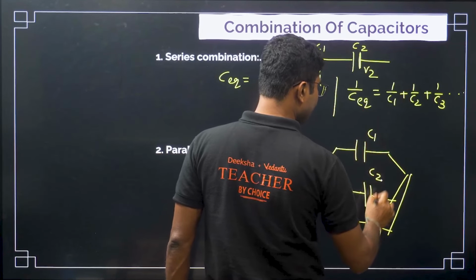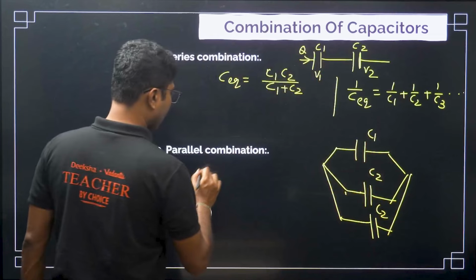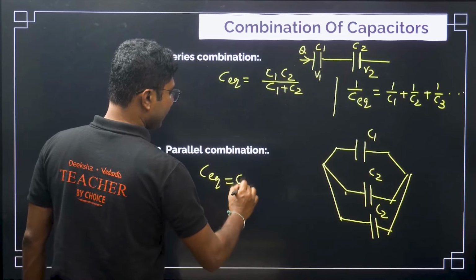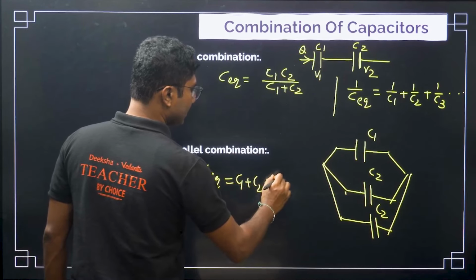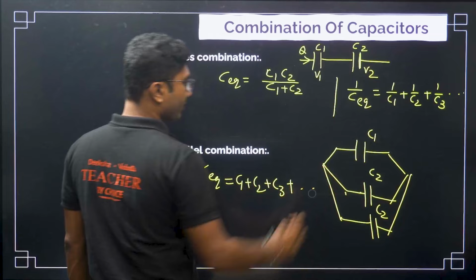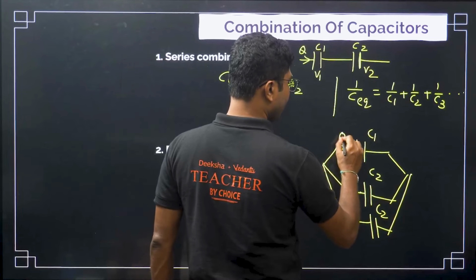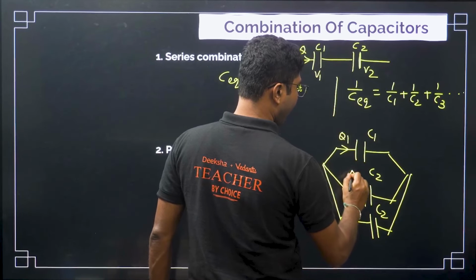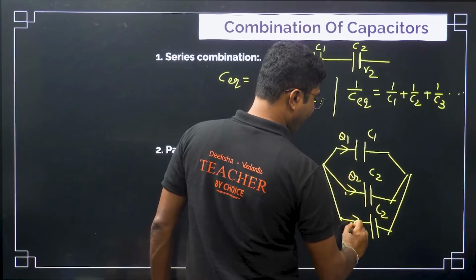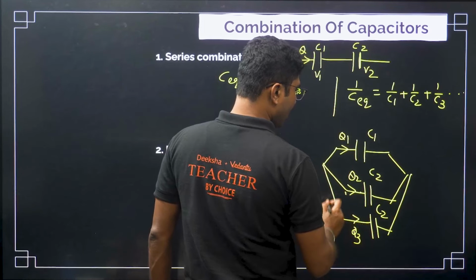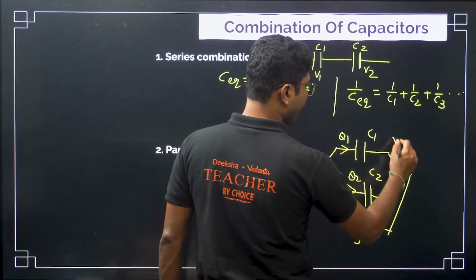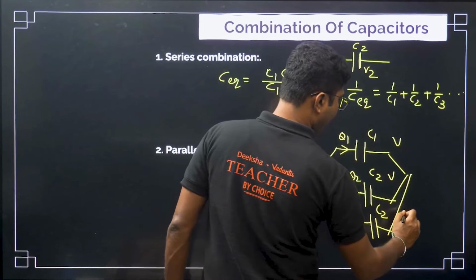The formula is easiest: the equivalent capacitance is given by C1 plus C2 plus C3 and so on.